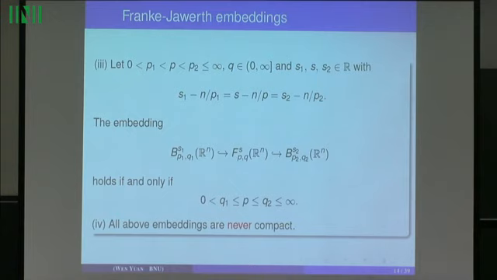Here we only list the limiting case, meaning that s minus n over p is a constant. In this case, it's known that such embeddings hold if and only if q1 is less than p less than q2. Also, nowadays we know that all such embeddings, the Jawerth-Franke embedding and the previous Sobolev type embedding, are never compact because they are all defined on the whole R^n.